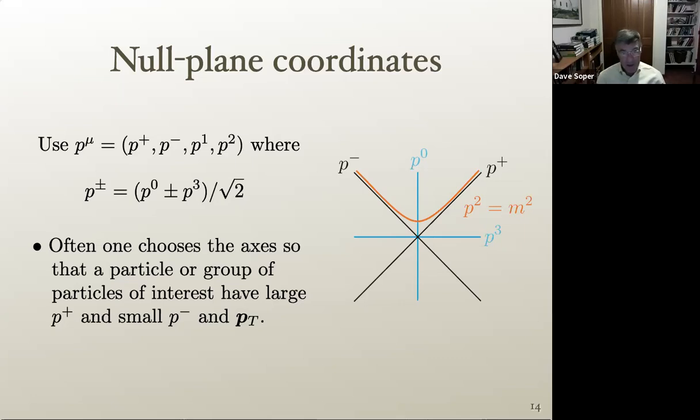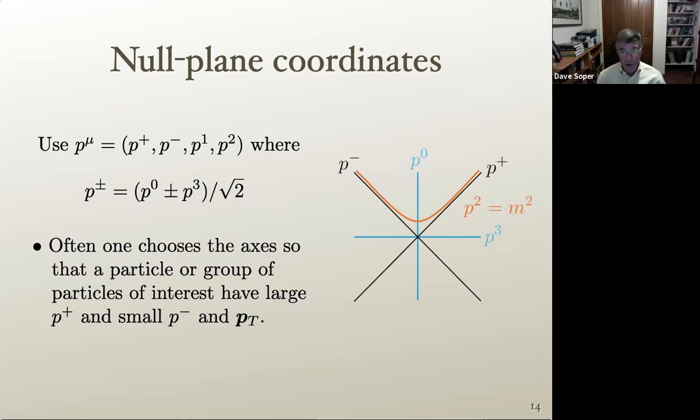And p minus is (p0 minus p3) over square root of 2. And 1 and 2 are the transverse directions. So at p3 equals 0, the mass shell for that particle, p squared equals m squared, is this orange line. And it gets to be tangent to the p plus axis in one direction and tangent to the p minus axis in another direction.